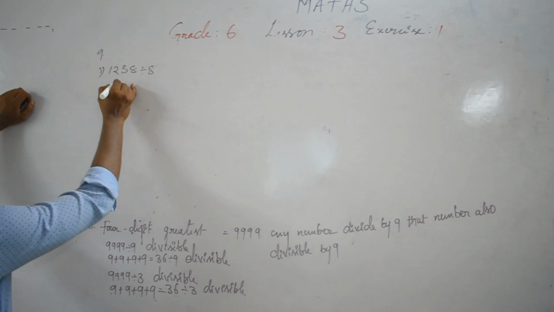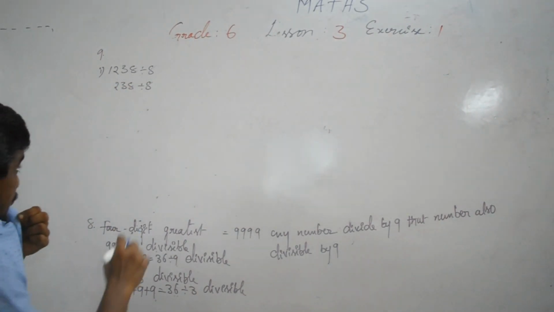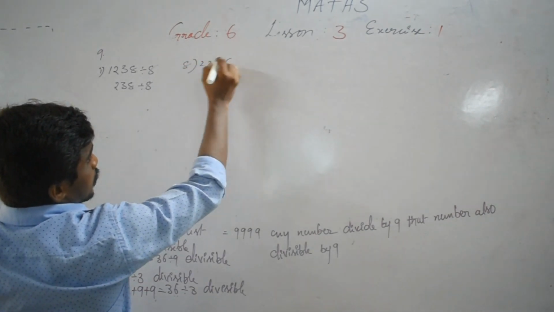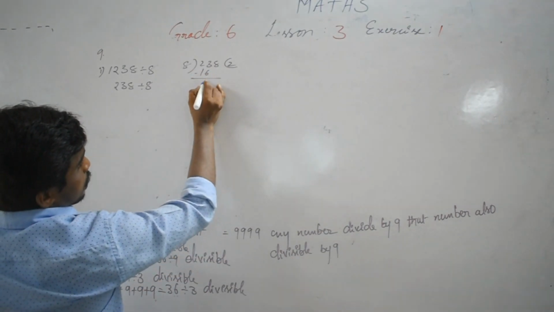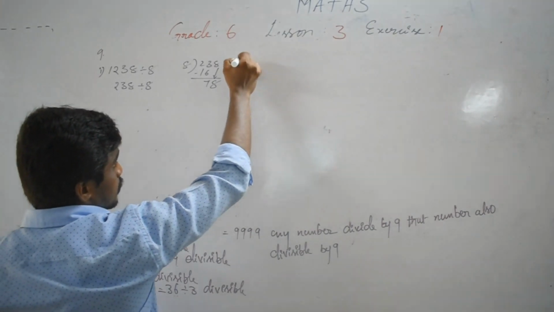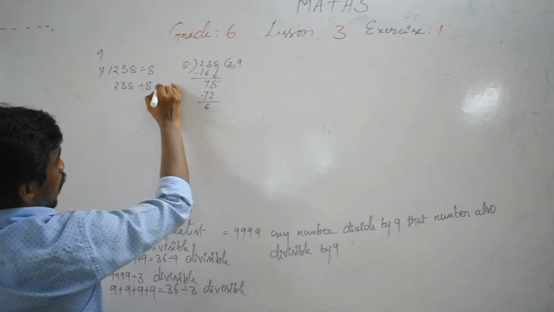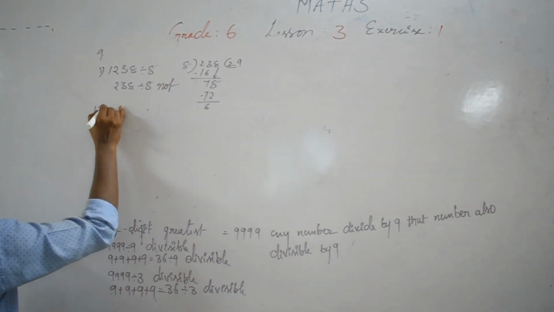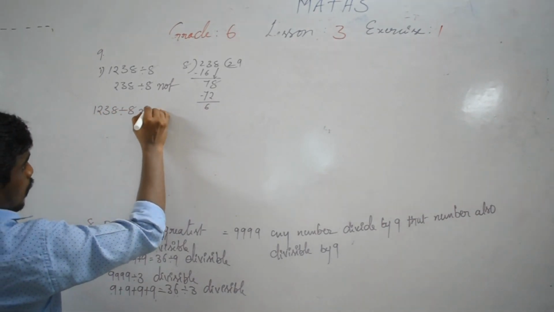Last 3-digit number, 238. 8 twos are 16, 8 threes are 24, 8 nines are 72, remainder 6. Not divisible. So 1238 divided by 8, not divisible.